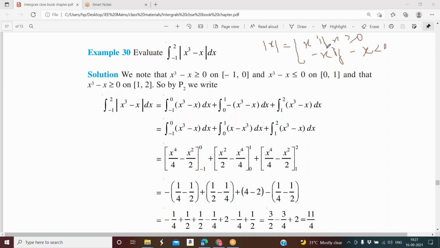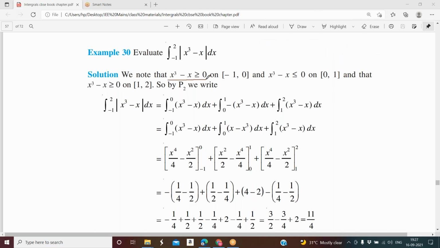Because modulus x is x if x takes positive values, that is from 0 to infinity on the real line, and if x takes negative values, from minus infinity to 0, it is minus x.